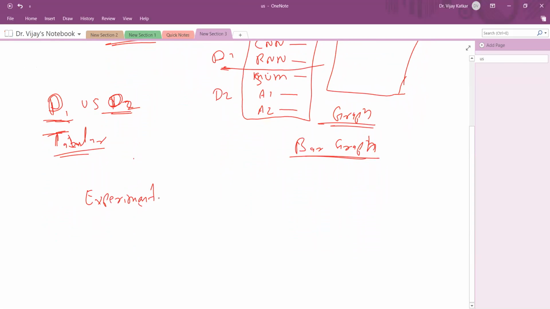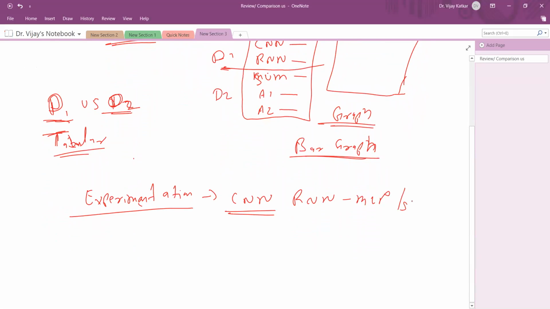While doing experimentation, you can establish that a particular method gives better accuracy. Let's say you can say that CNN gives better accuracy as compared to RNN, multi-layer perceptron, and SVM also. So now you can put forward in your research paper that CNN gives better accuracy.